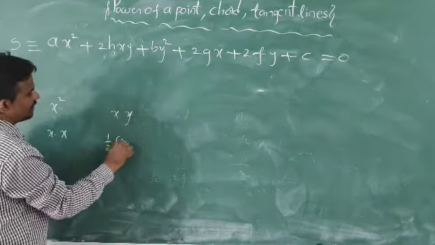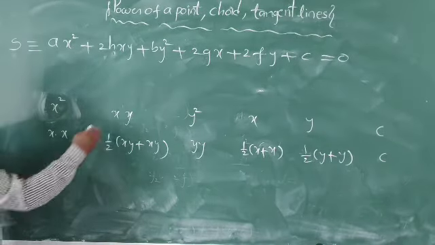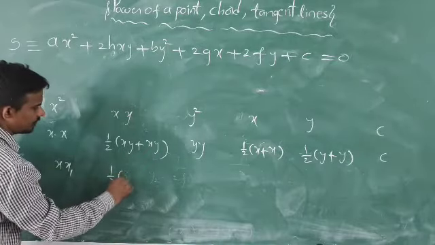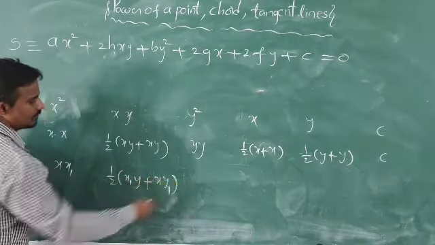Now, what is 1 of x square? It is x into x1. That is the meaning of 1 of x square. What is 1 of xy? That is half of x1y plus xy1. Write x1 in the place of one of these two variables, and again in the other one.